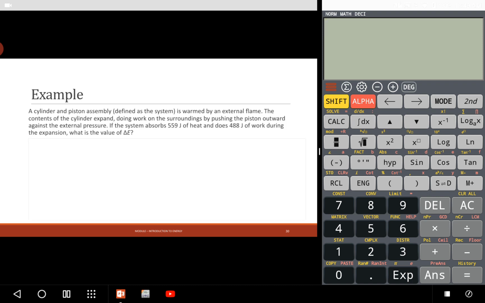Let's do an example problem. This problem says a cylinder and piston assembly, defined as the system, is warmed by an external flame. The contents of the cylinder expand, doing work on the surroundings. So we are doing work on the surroundings.